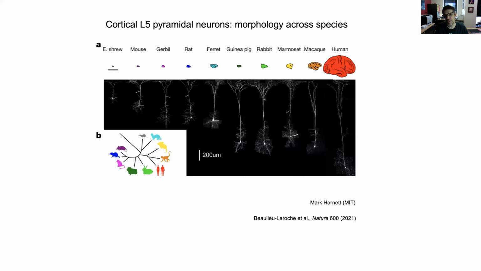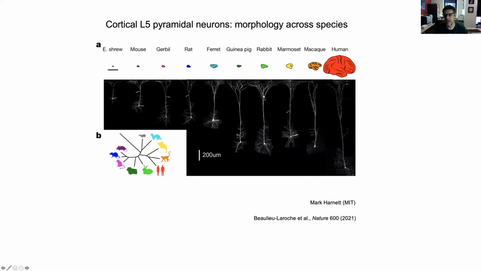But if you look at the pure cellular morphology here, I think we can all agree that not really much is changing here. In particular, if you go a little further, if you look here at the differences between, let's say, a rabbit or a guinea pig layer 5 pyramidal neuron to a human one, that is not much of a big change.